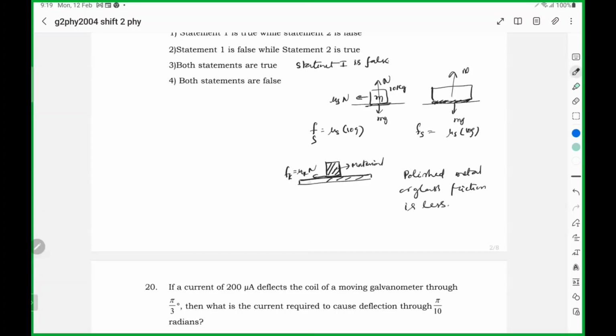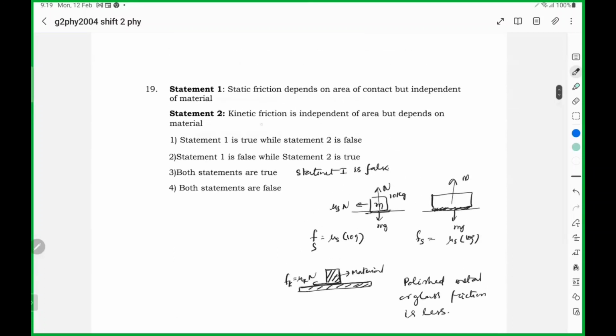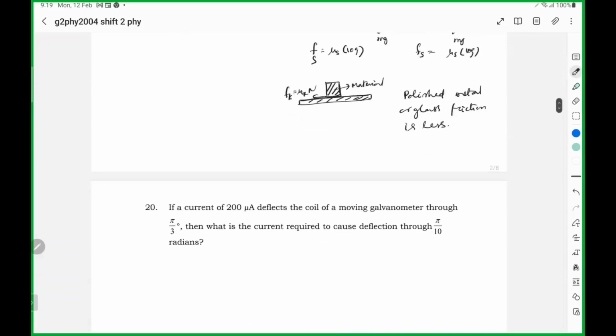With some other rough surface, friction will be more. So it depends upon material. It is independent of area, obviously, but depends on material. The second statement is correct. So statement 1 is false while statement 2 is correct.